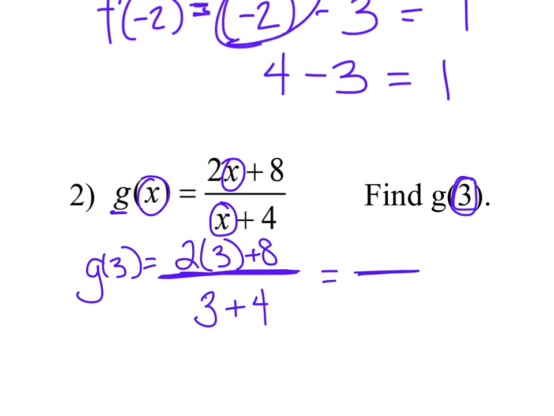The top is 6, 6 plus 8 is 14. And then the bottom is 7. And then 14 divided by 7 is 2. This is just order of operations stuff, where we're simply multiplying first. I get 6, 6 plus 8 is 14, and 3 plus 4 is 7, and do the division.